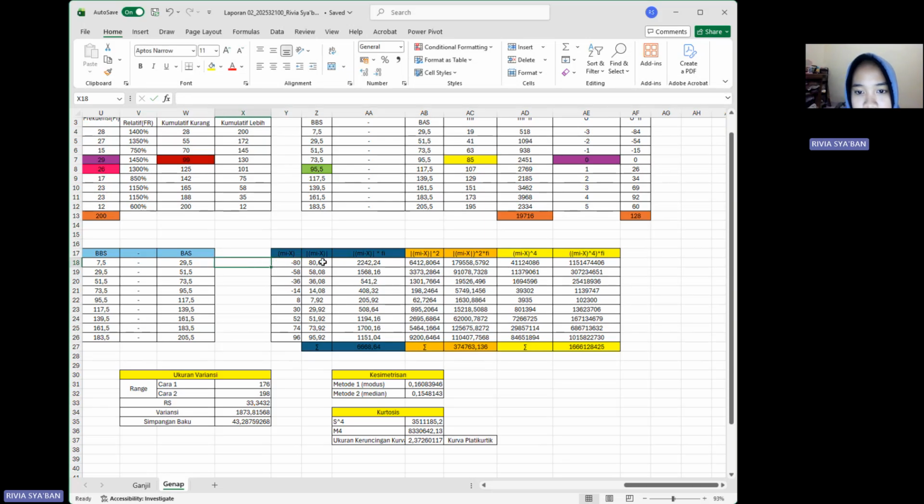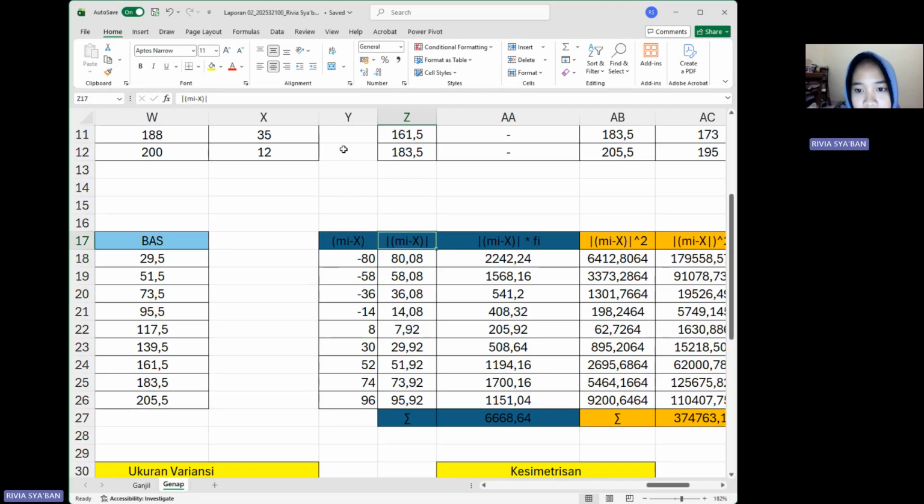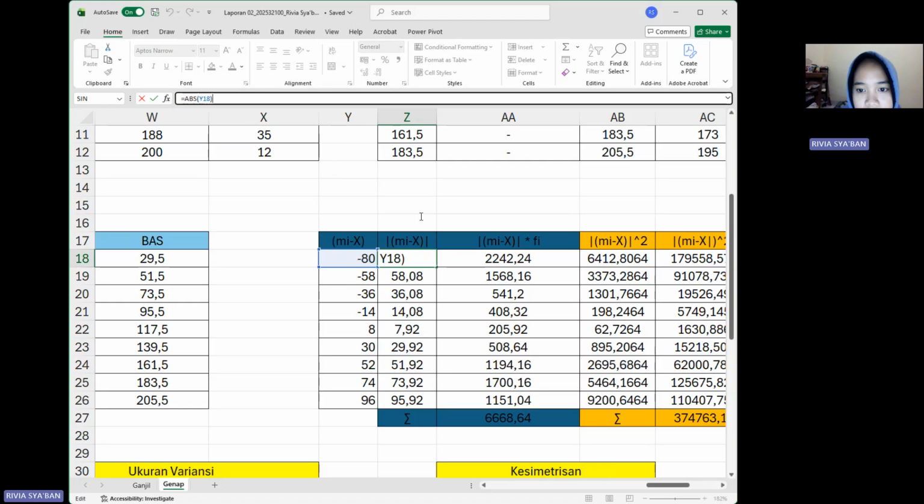Then we use ABS for this data, using a formula like this.